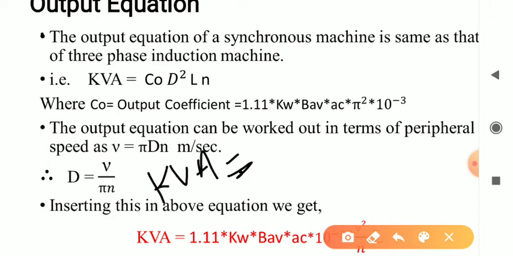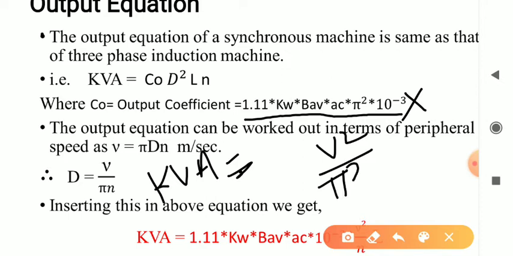Co, the value of Co is 1.11 into Kw into Bav into ac into pi square into 10 to the power minus 3 into D square. The D square is V square divided by pi square N square, into L into N. So if you take this equation here, then N and N get cancelled, pi square and pi square get cancelled.